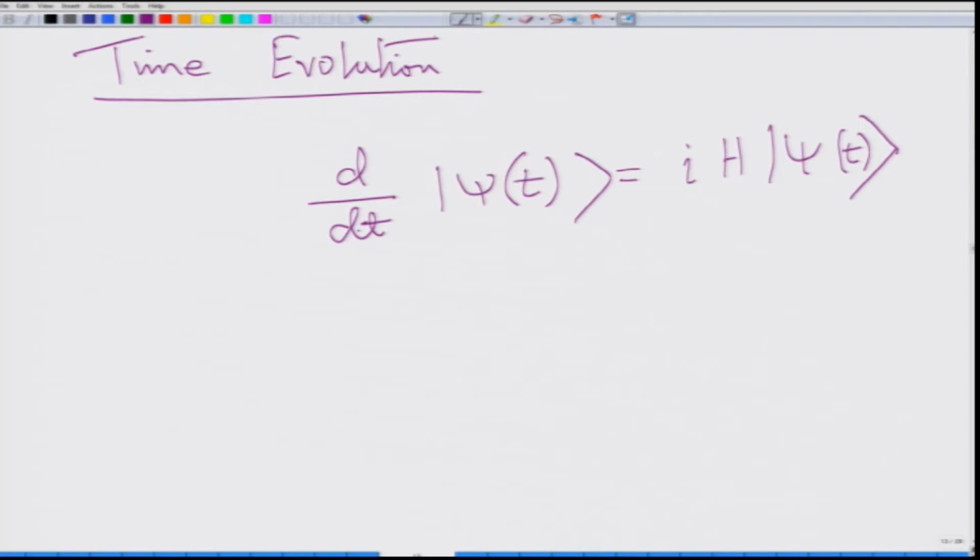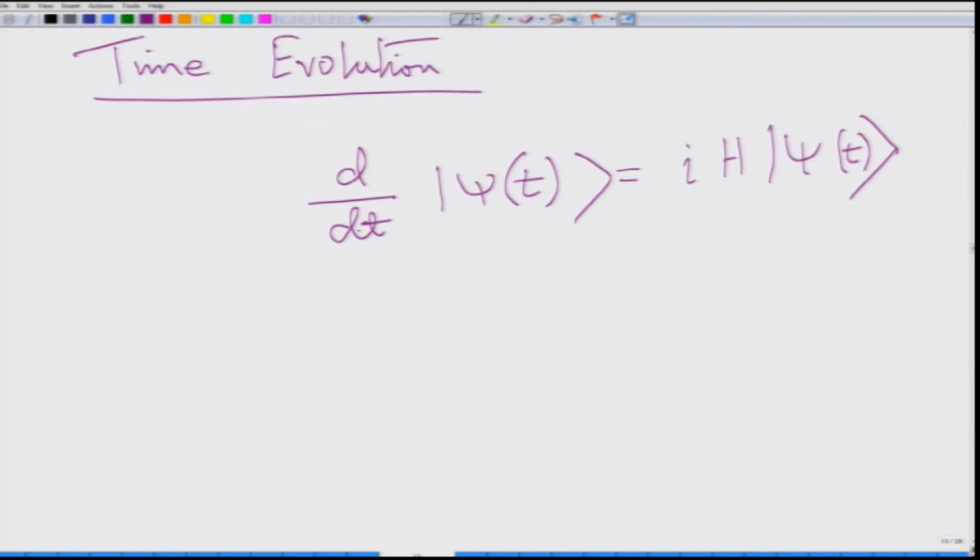So, we looked at the time evolution of a single qubit; the time dependent equation is a linear equation. We looked at how the wave function of a single qubit evolves with time. That was the dynamics that we looked at, and that was a linear equation.